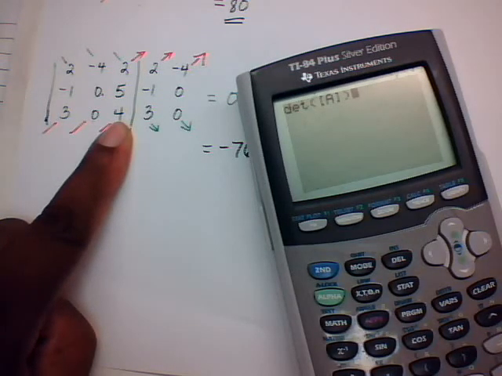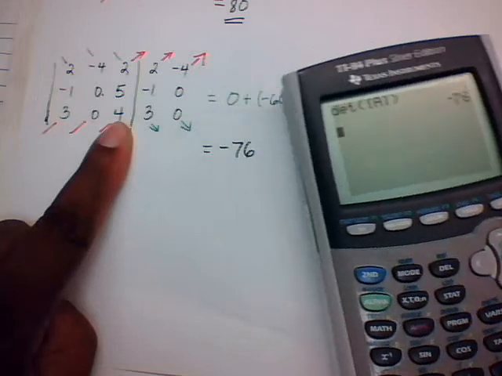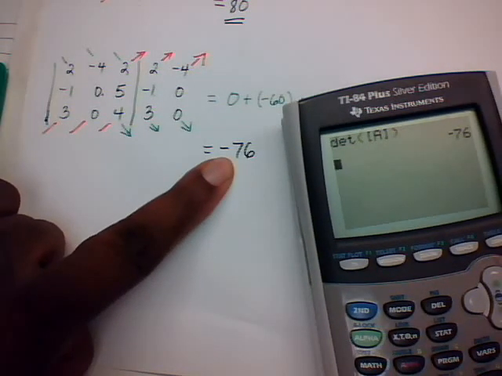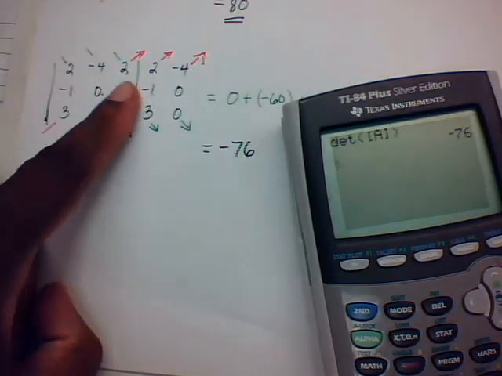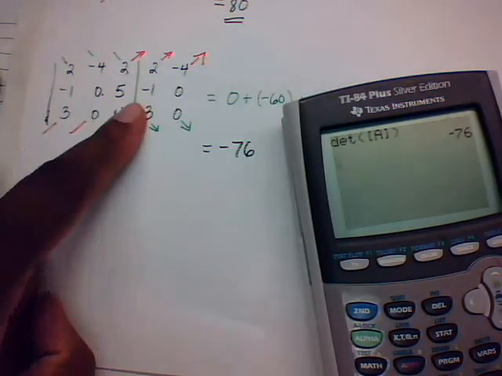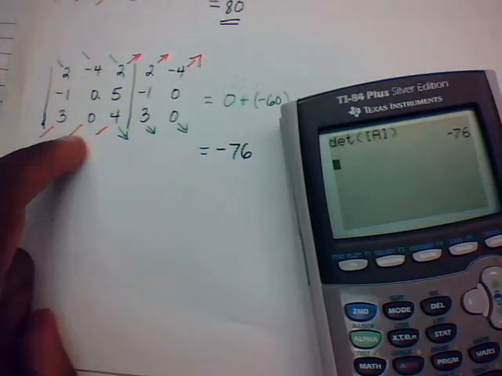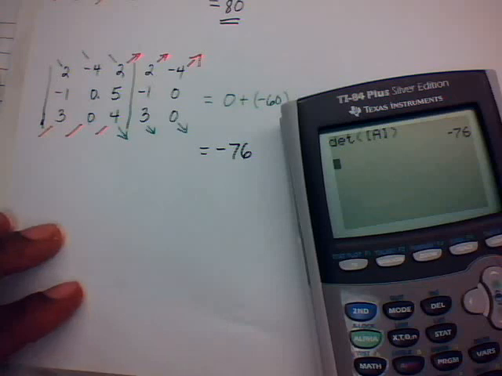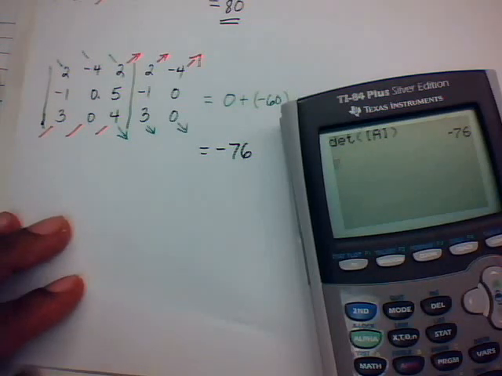So we're finding the determinant of A, and then we hit enter. That determinant came out to be -76, which is exactly what we came up with when we wrote the first 2 columns and then found the determinants using those diagonals. Okay, so that's this particular section on determinants and Cramer's rule.